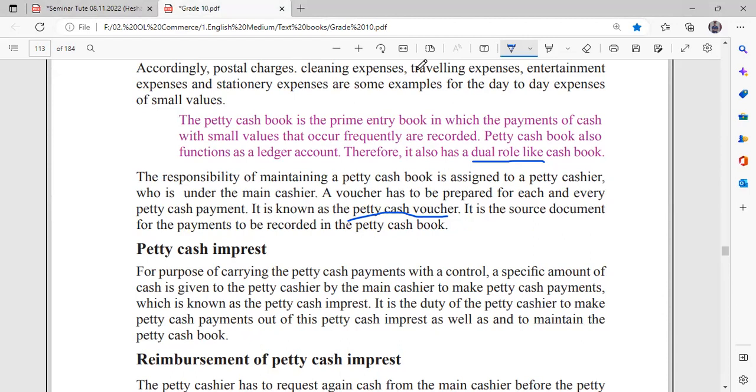Both the cash book and the petty cash book are asset accounts because they represent the business cash. So business cash asset decreases, so the cash account is credited, and the petty cash asset increases, so the petty cash book is debited. Cash book credit, petty cash book debit. It is the source document for the payment to be recorded in the petty cash book.